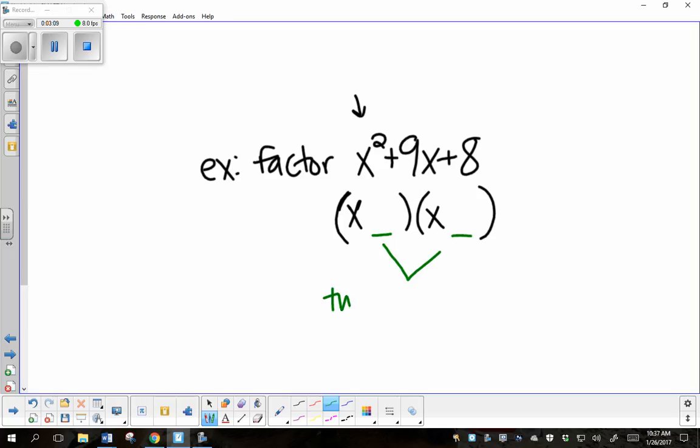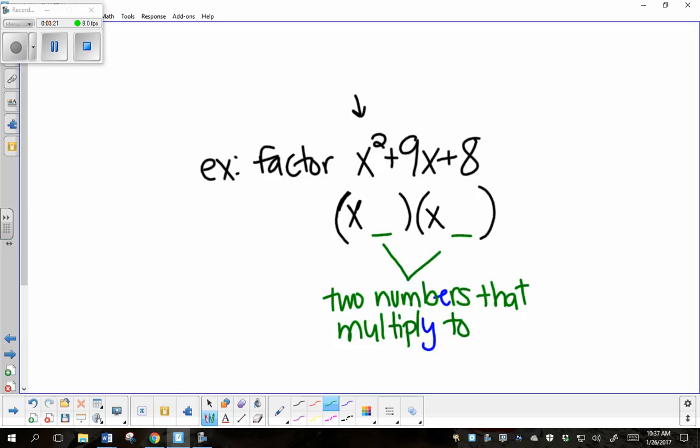So when you're thinking about what to put in those two spots, here is what you're looking for. We're going to find two numbers that multiply to 8, because of that 8 right there, and they have to add up to 9 because of the 9 right there.